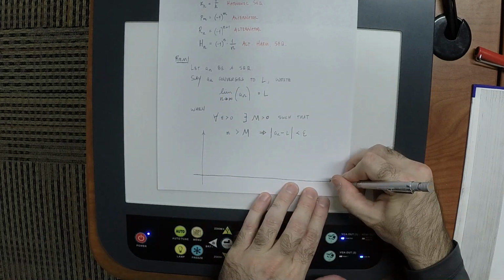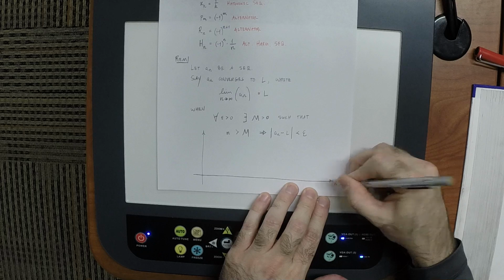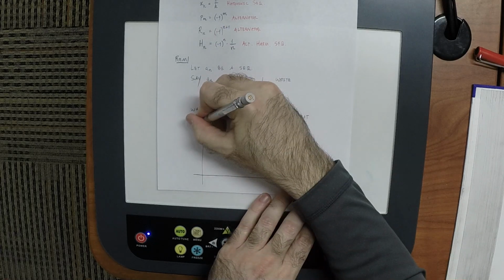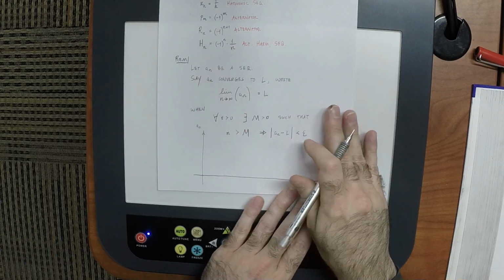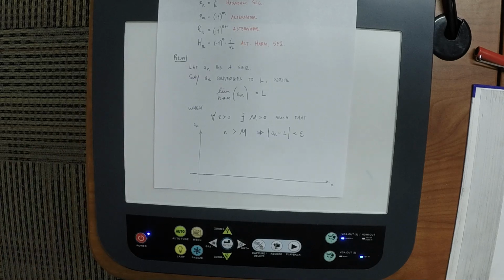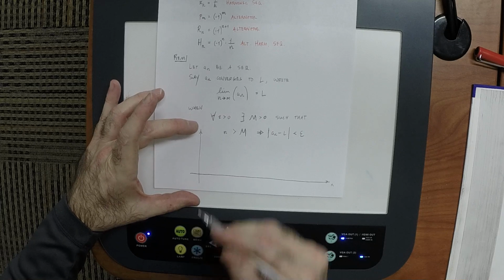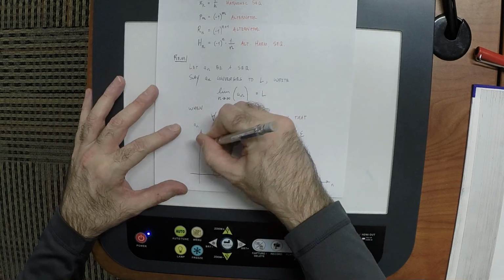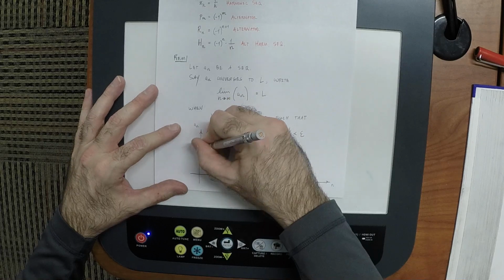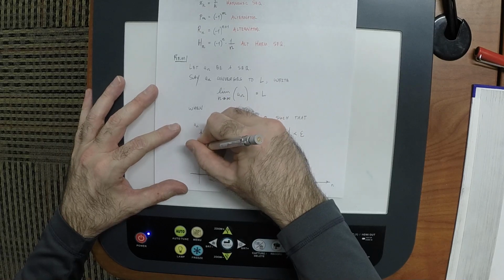This is the input axis, n. This is the output a_n. And we're saying that the sequence converges to some L. Now, the output axis is real, which means I can select any of these, even pi, something like that. So this is L.